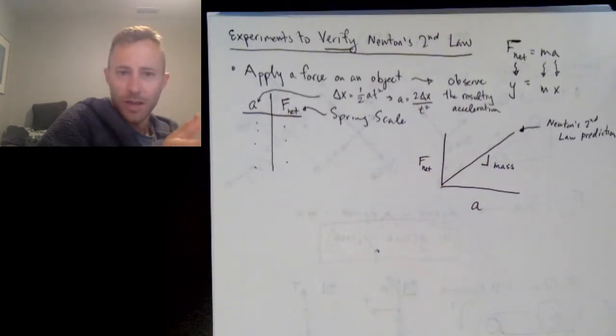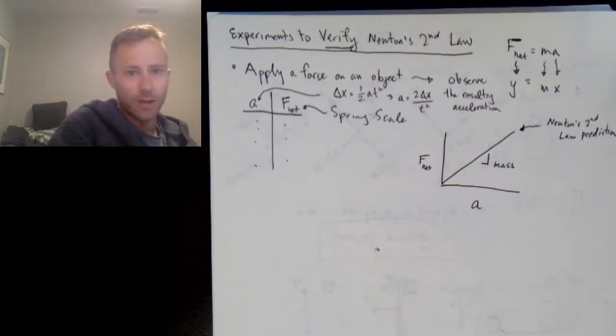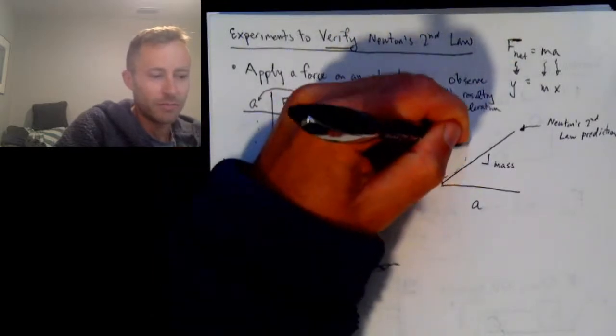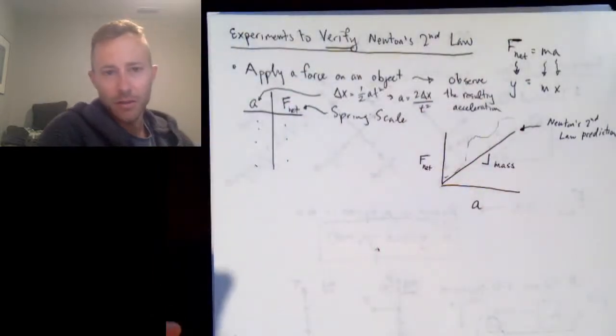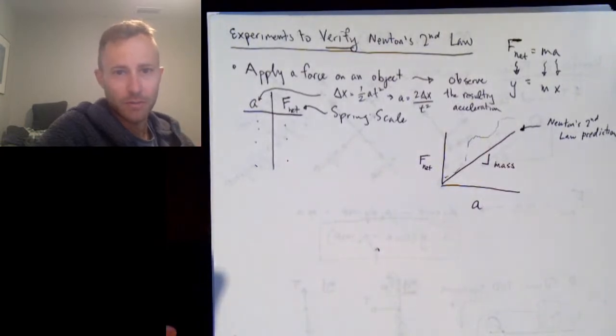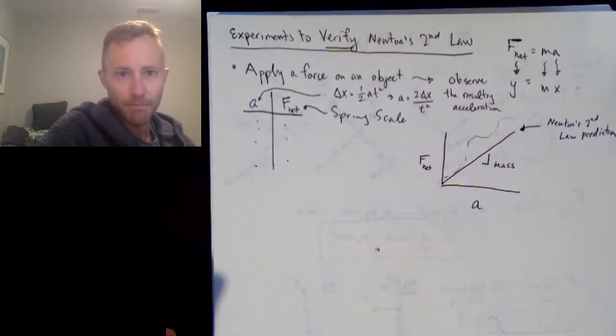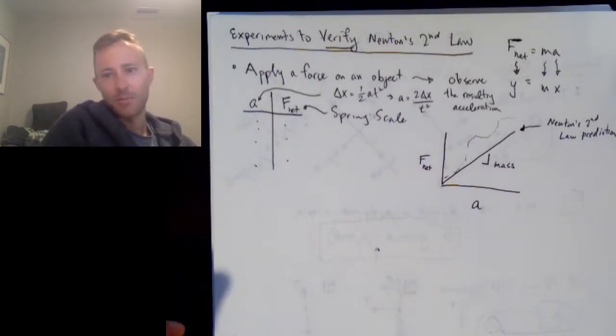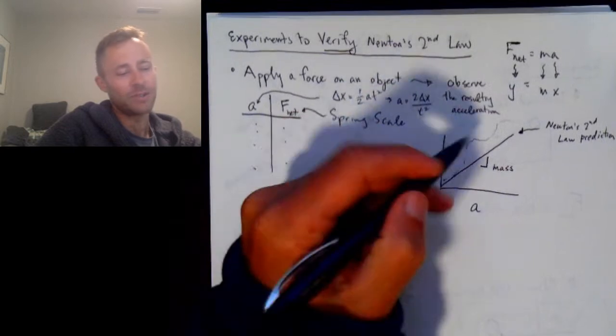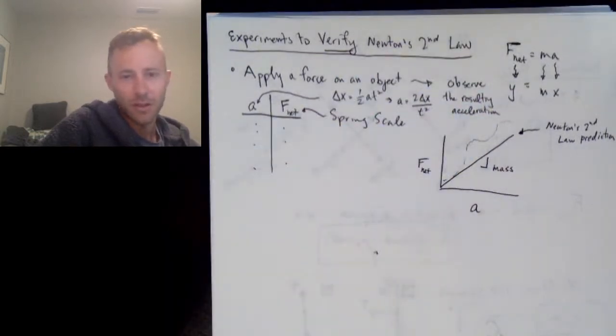So that is what Newton's second law predicts should be the relationship between force and acceleration. If you took some data and found that this is not a straight line, maybe it does something weird like that, then your data would not be consistent with Newton's second law. Now, Newton's second law has been tested by professional physicists for a long time, so probably what's happening if your data does not match is that you weren't accounting for something that's impacting your measurement results.